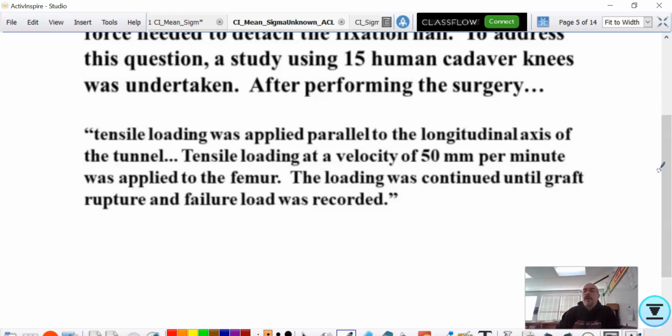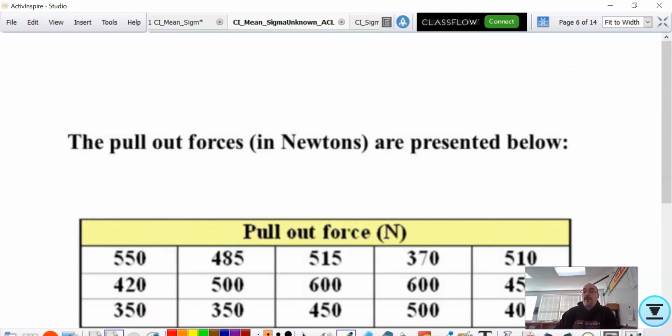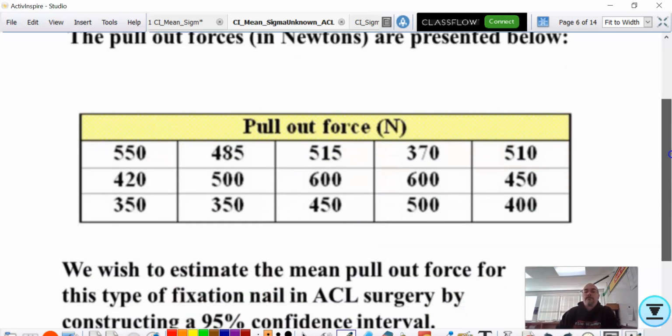Tension loading was applied parallel to the longitudinal axis of the tunnel. Okay, tensile loading at the velocity of 50 millimeters per minute was applied to the femur. The loading was continued until graft rupture and failure load was recorded. Wow, okay. So here's our data. So those are the pull-out forces.